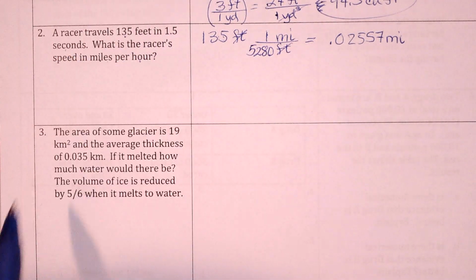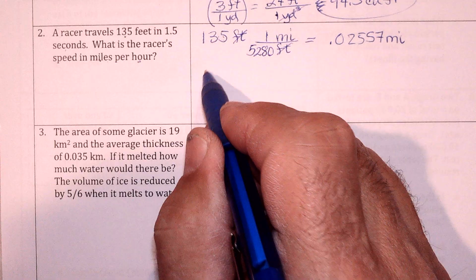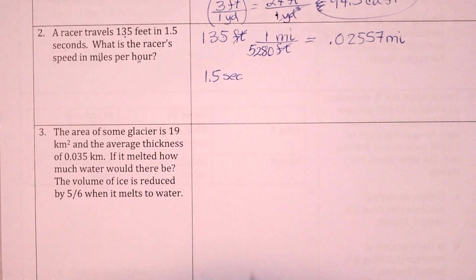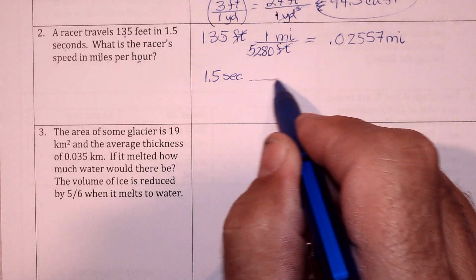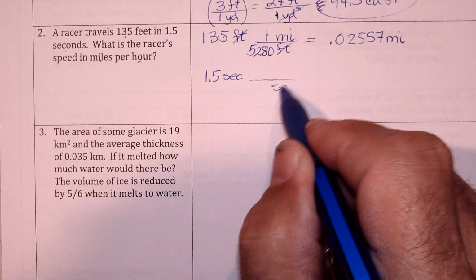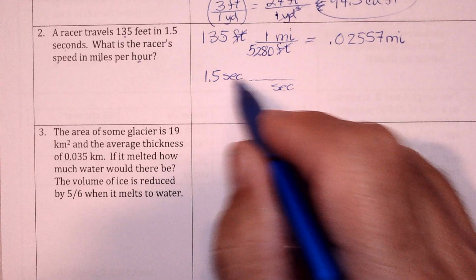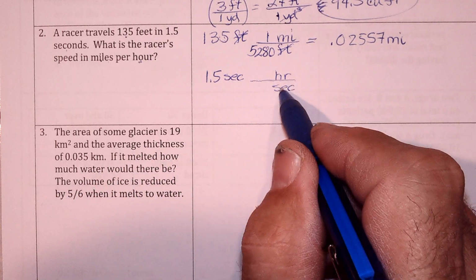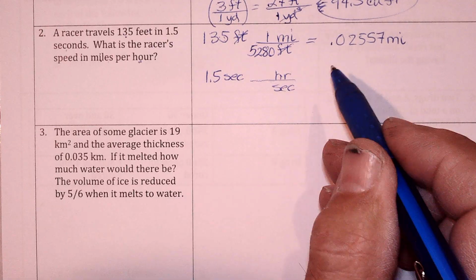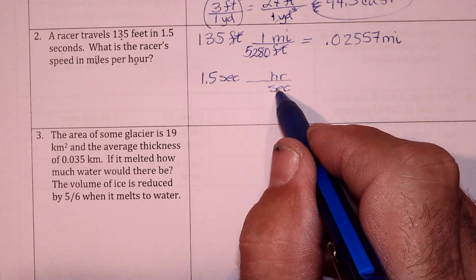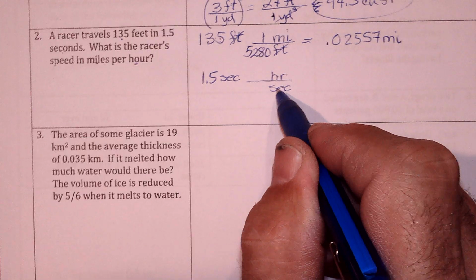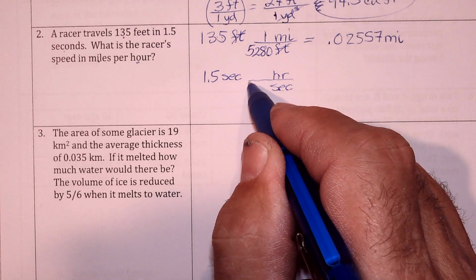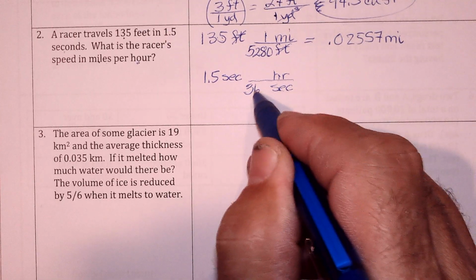in 1.5 seconds, but we need hours. So 1.5 seconds. Well, we want the seconds to disappear, so we're going to divide by seconds so that they'll cancel, and multiply by hours, and how many seconds are in an hour. Well, there's 60 seconds in a minute and 60 minutes in an hour, so we got to multiply by 60 times 60, divide by 3600.